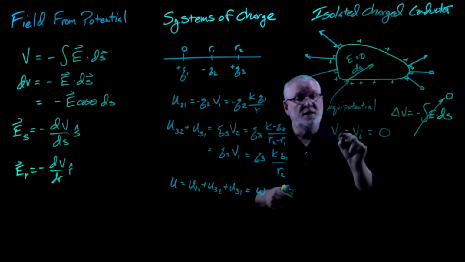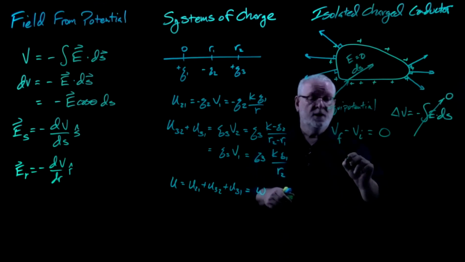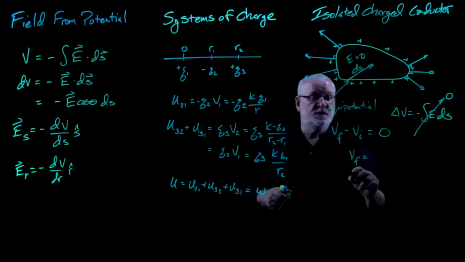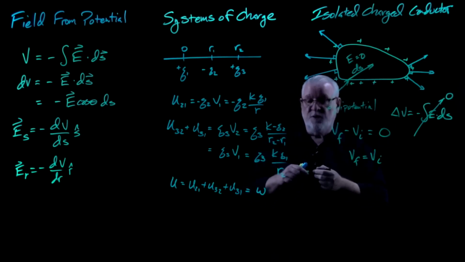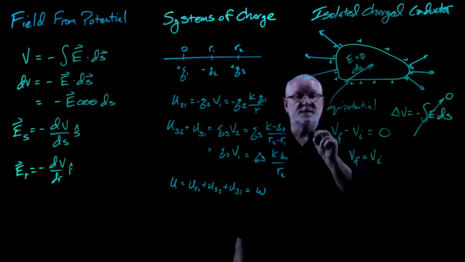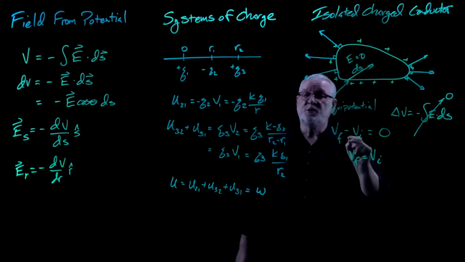This says the change in voltage is 0. That means the voltage remains constant. So V final along any distance from the surface inward will equal V initial. And what that means is the voltage inside of a charged conductor is a constant. It's not 0. The electric field is 0, but the voltage will be constant.